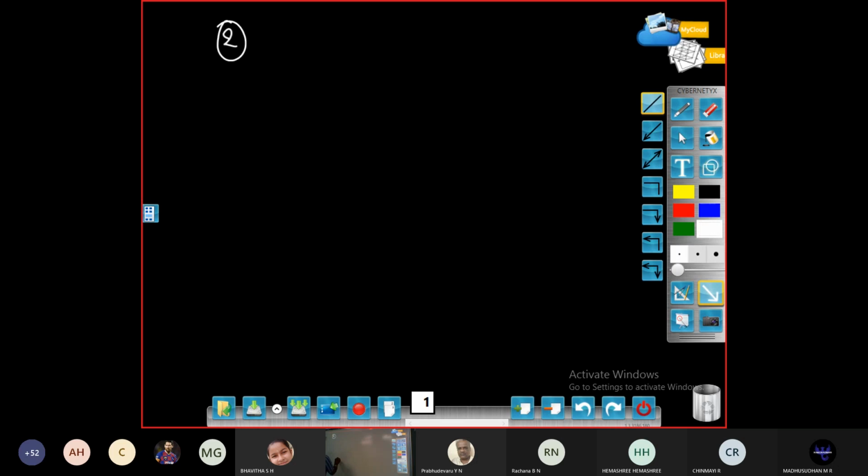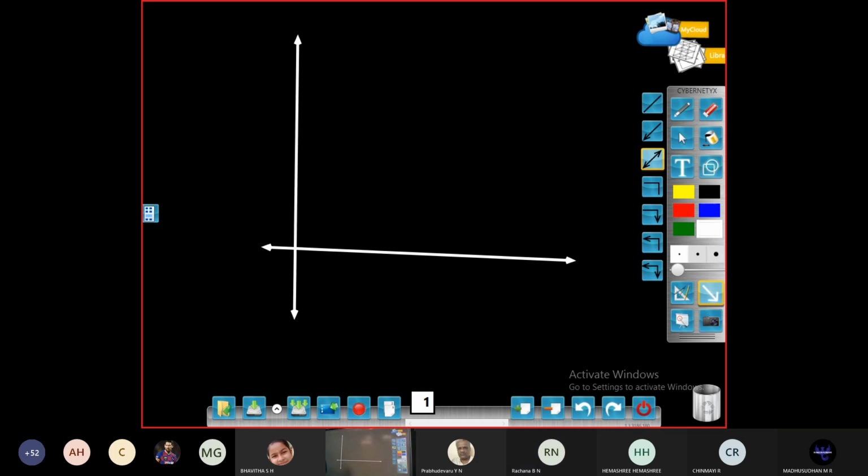So you can take this like this. One is west to east, another one is north and south. So north will always be shown in the upward direction. So I have taken two streets.